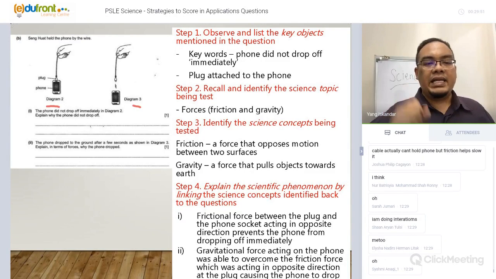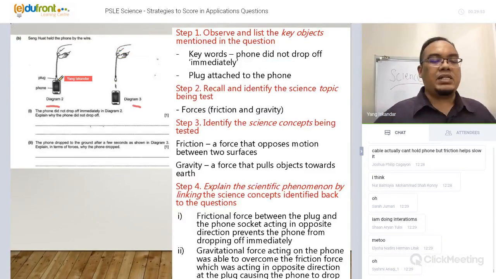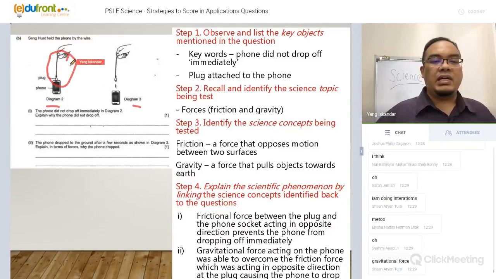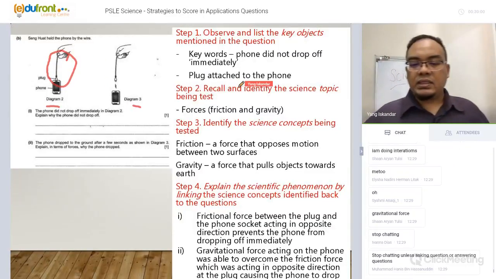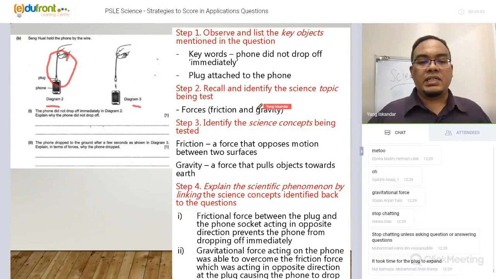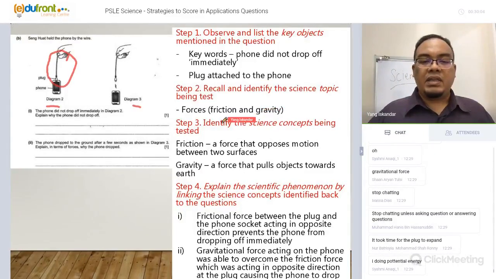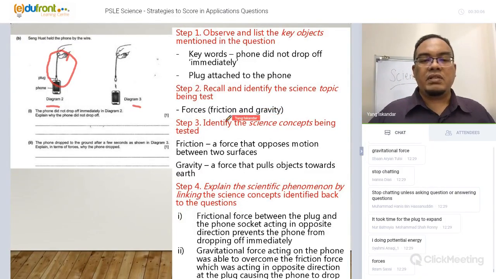Then you see that there's a plug attached to the phone. Let's recall, what topic is that? The topic is forces: gravity or gravitational force and frictional force.